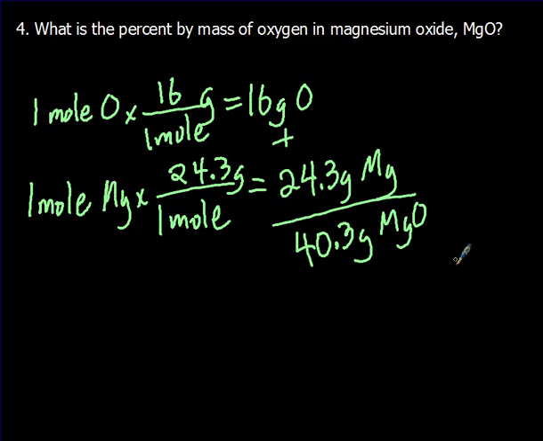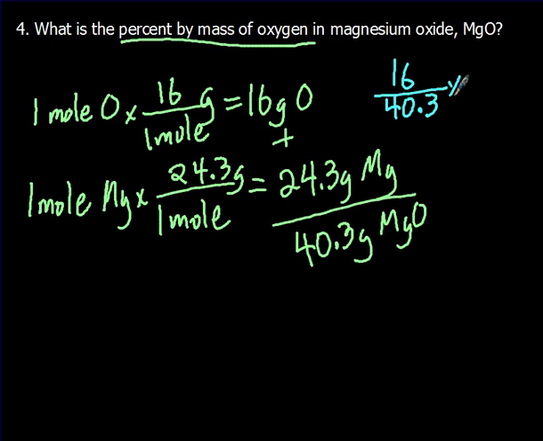Now, to get the percent by mass of oxygen, we need to do a little trick here. We want the mass of the whole thing as the bottom number, so 40.3. And our top number is just going to be the mass of the oxygen here, 16. So we've got the part of oxygen divided by the whole unit.